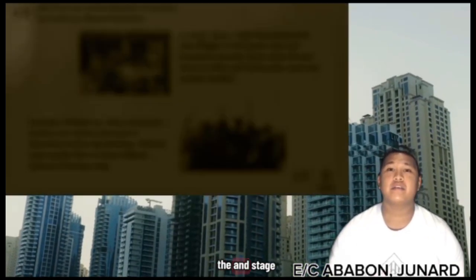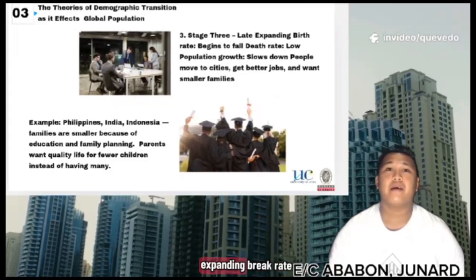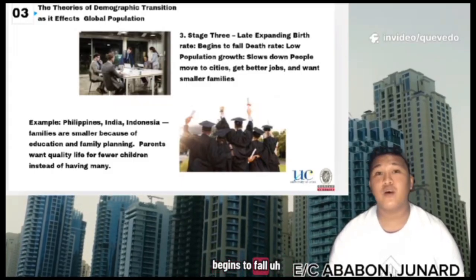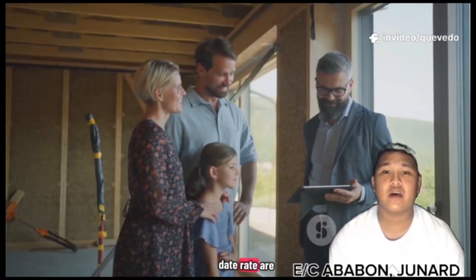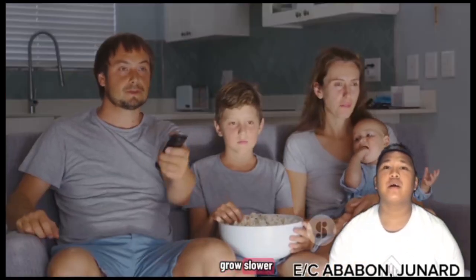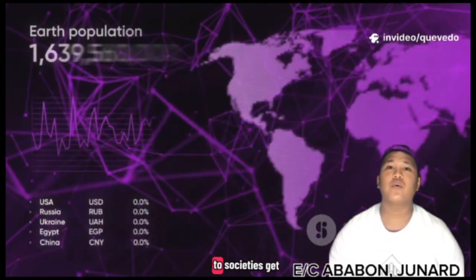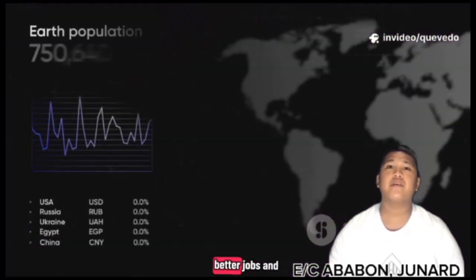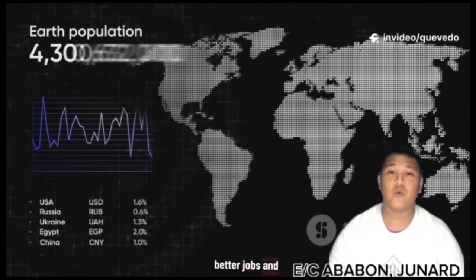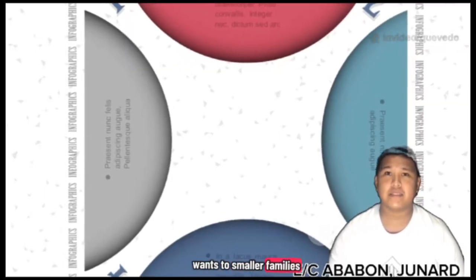And stage 3, late expanding: birth rate begins to fall, death rate is low. So population growth slows down. As societies get better jobs, people want smaller families.